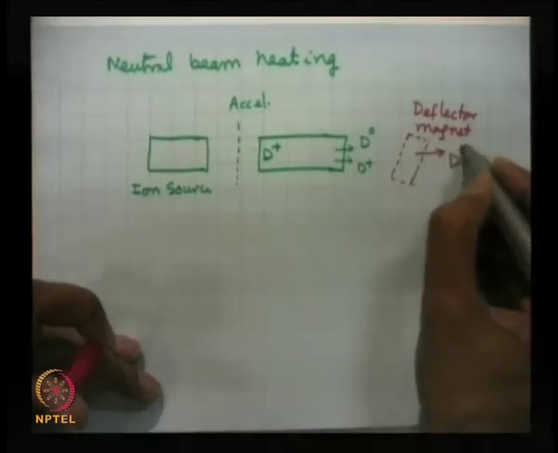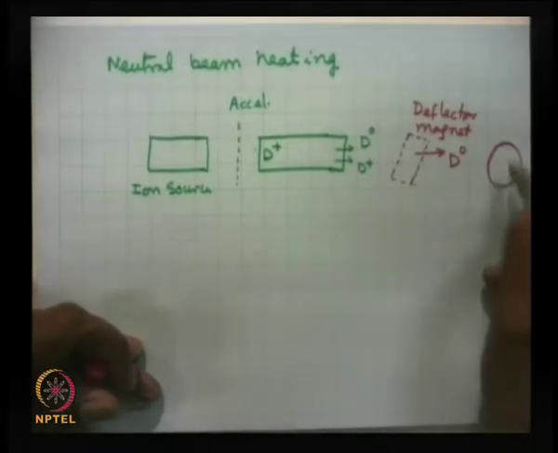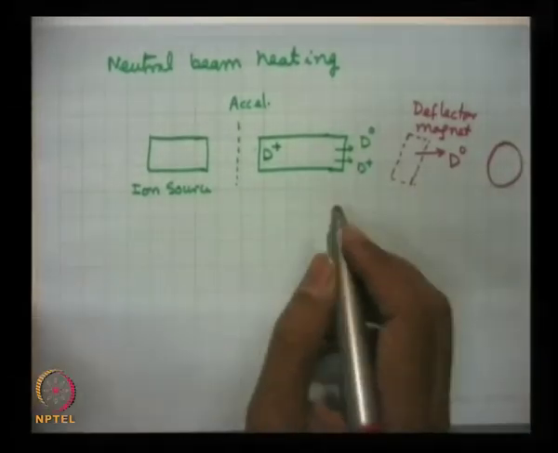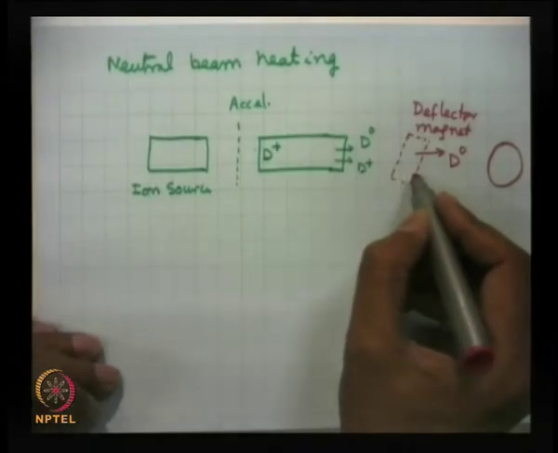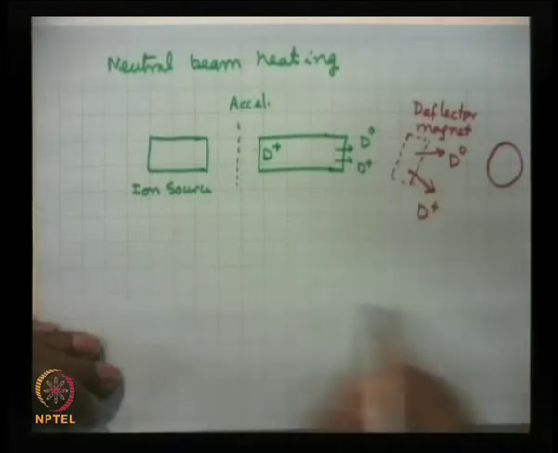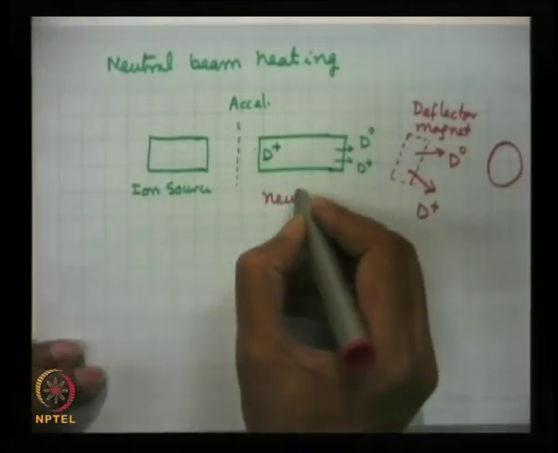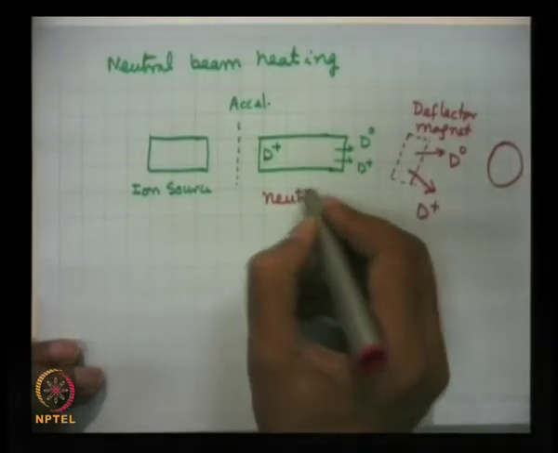So, D0 go like this, and then they hit the plasma here. The Tokamak plasma is somewhere there, whereas the ionized deuterium, or deuterium ions, will be deflected out. This is called the neutralizer or charge exchanger.